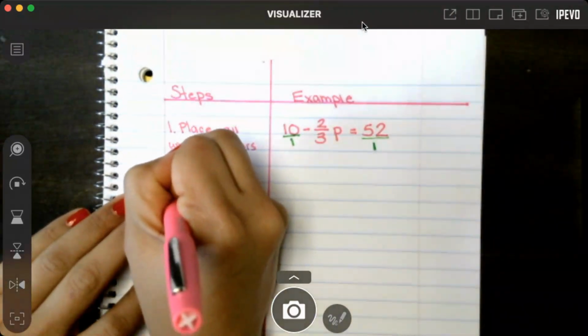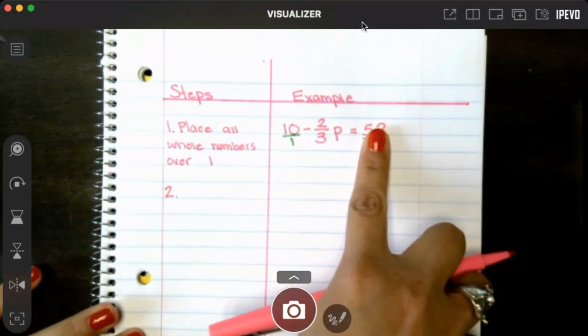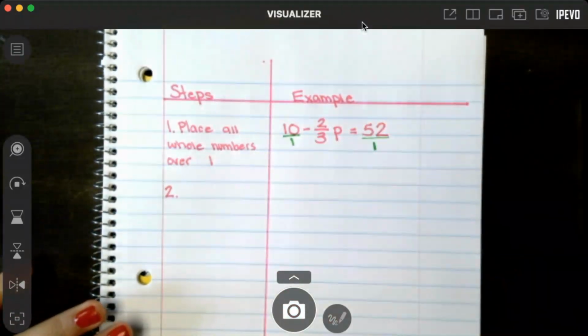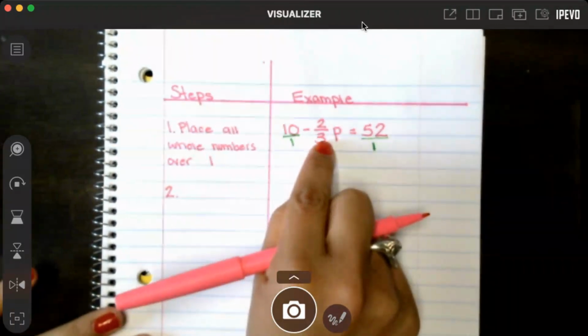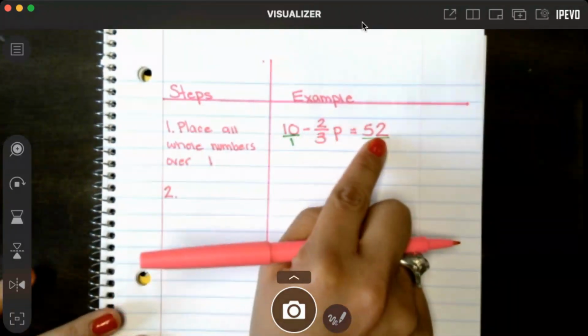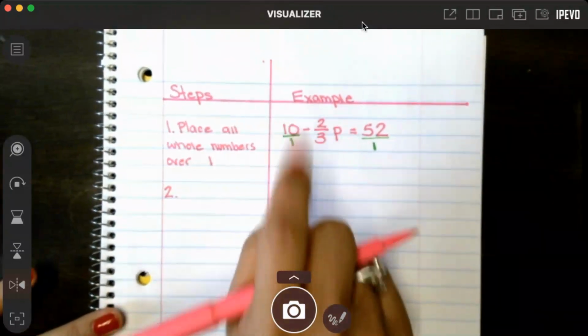The next thing you're going to do is multiply each term, these are called terms, by a number that will cancel out this denominator. In this case, if I multiply everything by 3, or 3 over 1, this 3 will cancel out, and I'll show you.